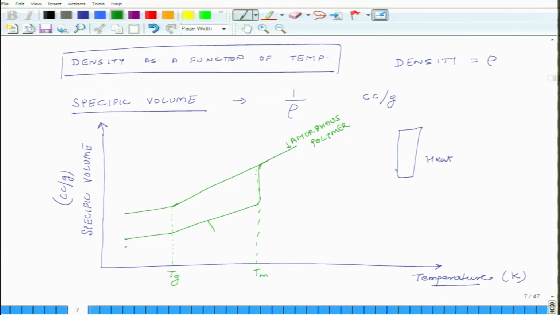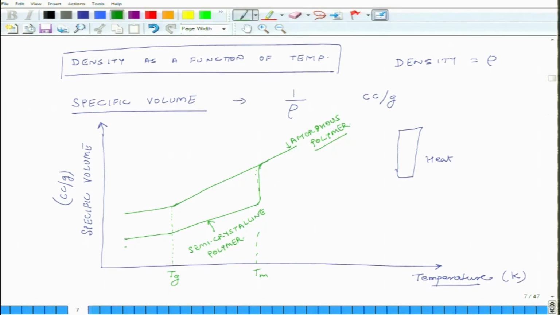So this curve is for semi-crystalline polymer. For semi-crystalline structures, there is some change, density goes down, specific volume goes up, but after the melting point it really goes up significantly. For amorphous polymers, this is how it changes. Okay. So that is how it behaves.